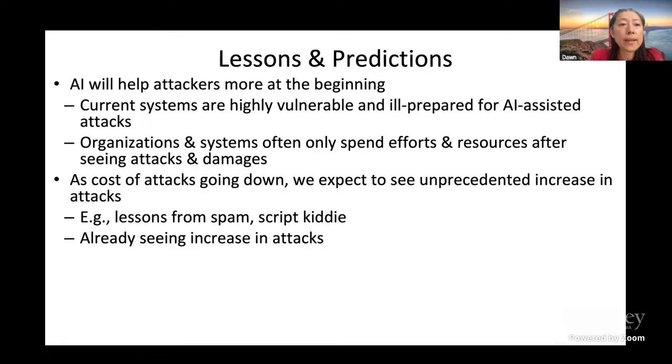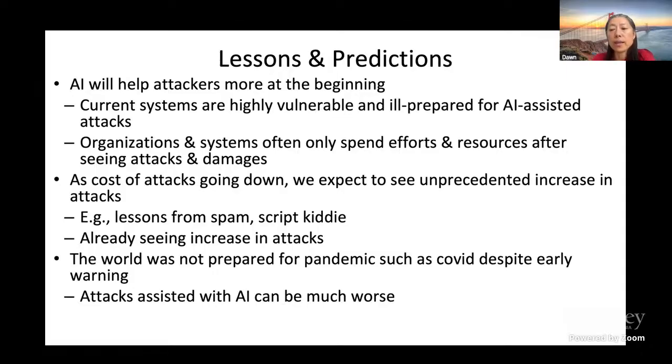Also, our analysis shows that AI can help attackers much more at the beginning than defenders, especially given the natural asymmetry between attacks and defense. And as the cost of attacks goes down, we expect to see an unprecedented increase in attacks. As we are already seeing today, attackers are using frontier AI to advance their attacks.